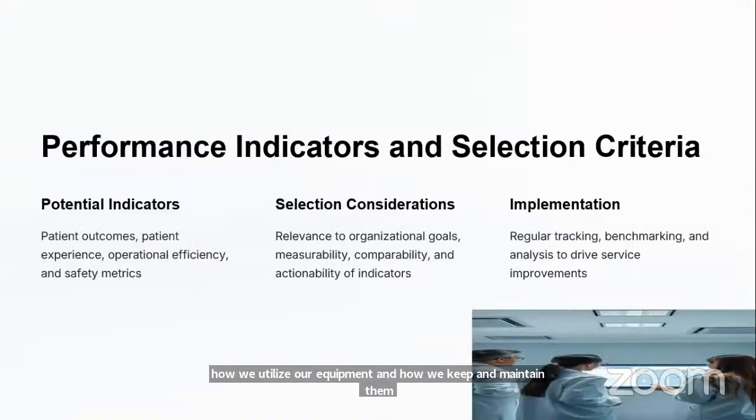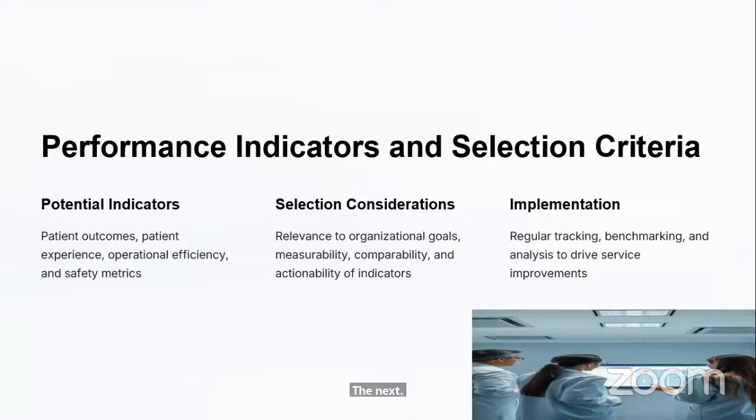The next aspect after the key indicators is the performance indicators as well. So the earlier one that we discussed is talking about the general aspects of this. Now it is getting to specifics. How do we assess our performance, right? And how we need to have that will give the performance of the facility.